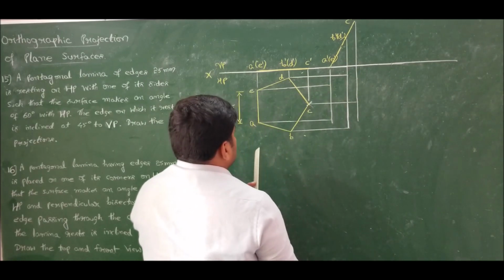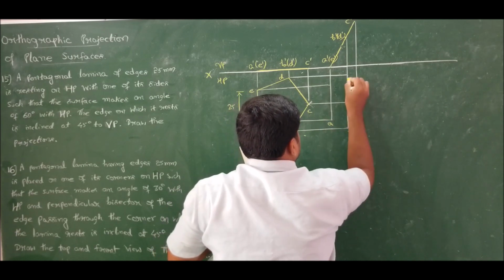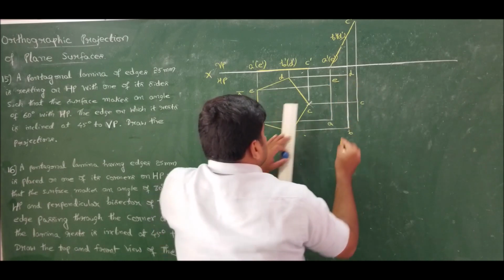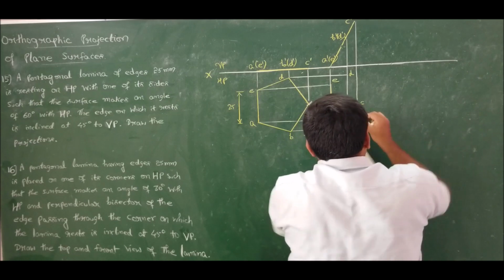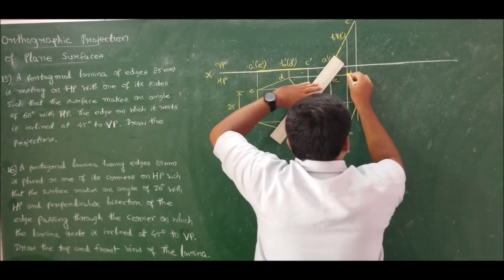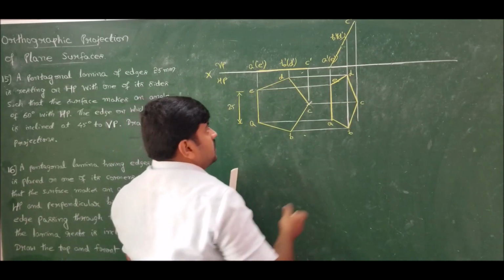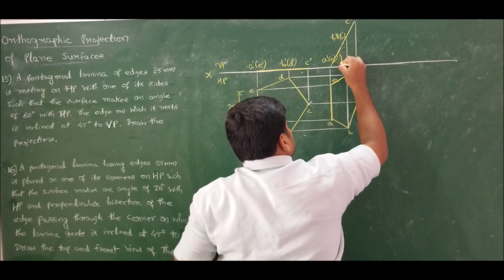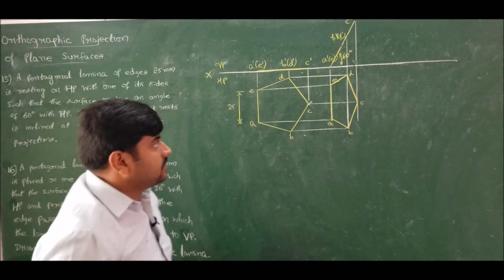So now we got the second position top view, that is A, B, C, D and E. Now join A to B, B to C, C to D and D to E. So this is the required top view in the second position, where the lamina is inclined at an angle of 60 degrees to HP, given in the question.